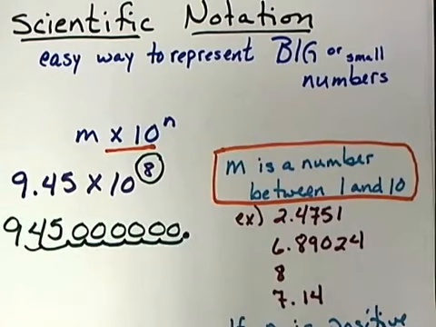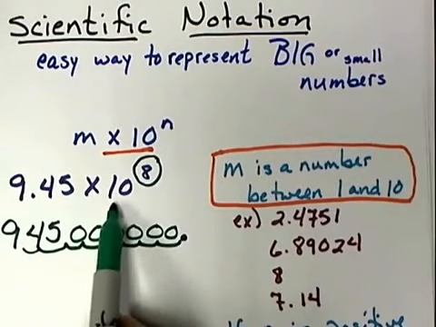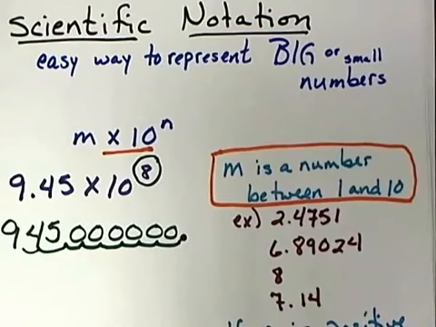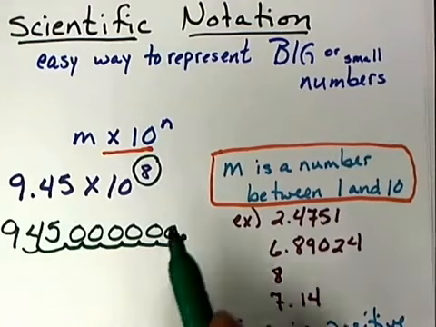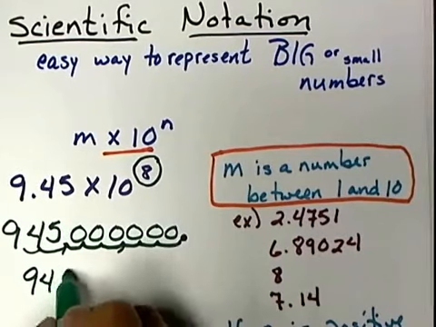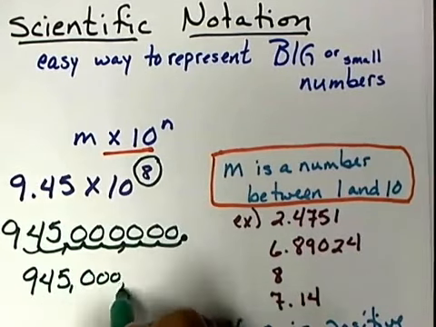And so now the decimal point is over there. Because we expanded this, we took the 10 times itself 8 times, which only moves your decimal point. So 9.45 times 10 to the 8th is the same thing as 945 million.